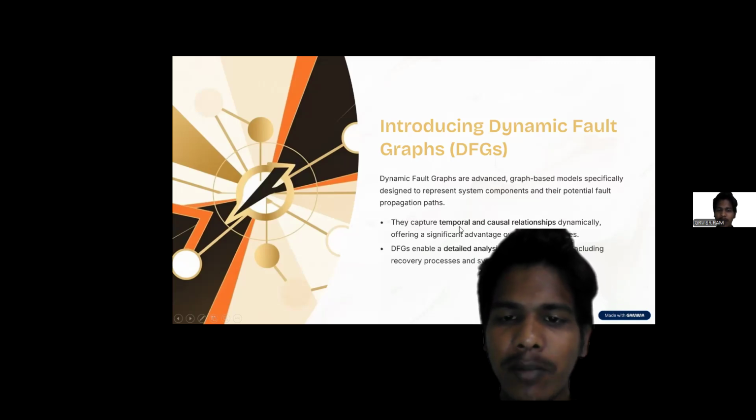They capture temporal and causal relationships dynamically, offering a significant advantage over static fault trees. DFGs enable a detailed analysis of fault sequences, including recovery processes and system reconfiguration events.